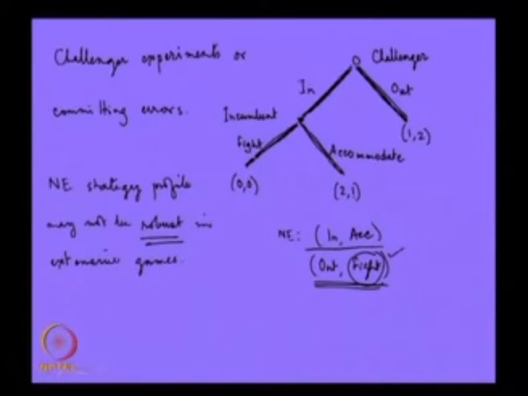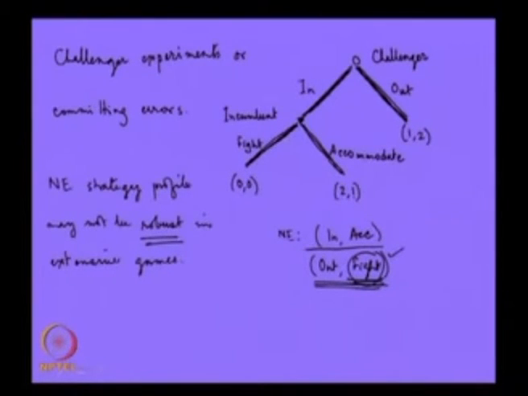So, there is a problem of interpretation in the sense that in the extensive form game, people take decisions stage by stage. Now, had it been the case that the players commit their actions in the beginning of the game itself, for example, suppose the incumbent told the challenger in the beginning of the game itself that I will fight with you if you get in, that is my strategy, and if that had been a binding commitment, then there would not have been any problem in this case.